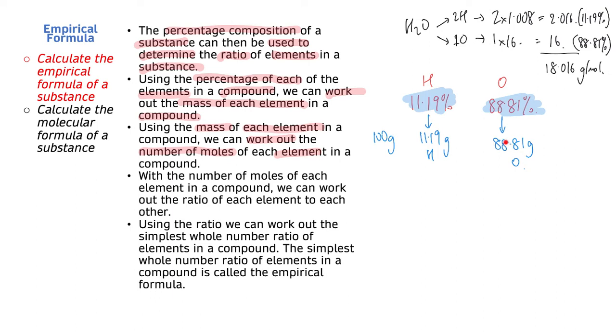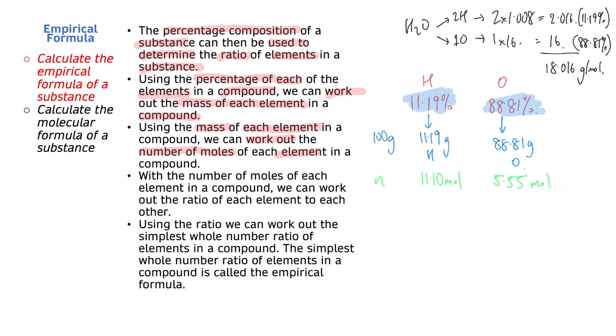Okay, so that these two are in the same mass, and so therefore I can work out the number of moles in them, and I can compare them against each other. So this one here is the number of moles is 11.10 mole. And this one here is 5.55 mole.